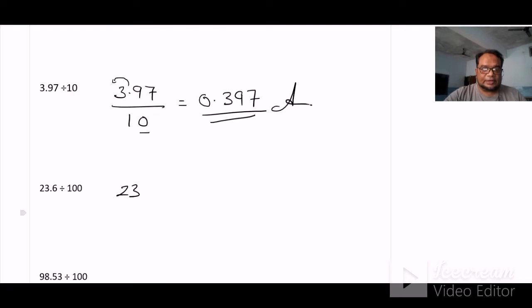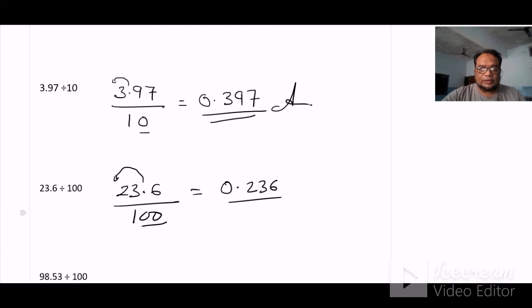Here is 23.6 divided by 100. So in 100 there are 2 zeros. So this decimal is shifted 2 digits to the left hand side. So the answer becomes 0.236.